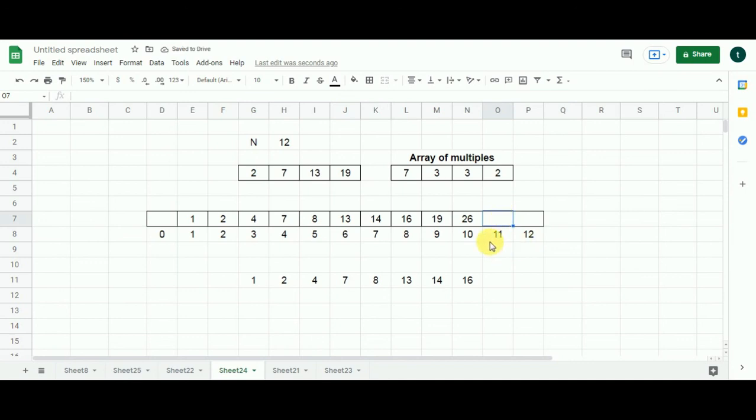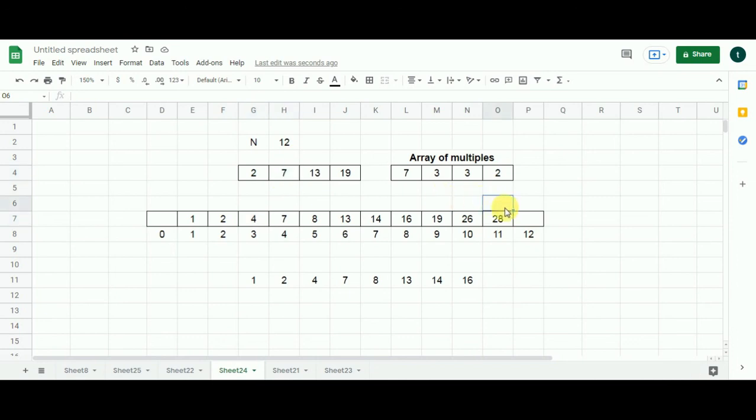Now we'll determine the 11th super ugly number. We will start from here again. 7. At 7 we have 14 stored. So 14 multiplied by 2 is going to give us 28. Let's store 28 directly in this cell. We move to 7. Here we have 3 as the index. The value here is 4. So 7 multiplied by 4 is going to give us 28 again.